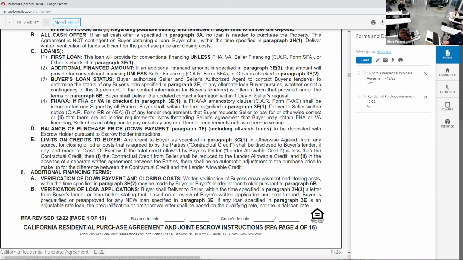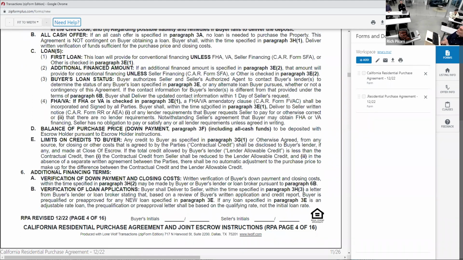Guess what? The lender isn't going to approve $100,000 on a $450,000. They're not going to allow that to happen. Usually it's between 3% and 6%. So you should have a conversation with your lender as to what the limit is on this particular loan, because different loans have different limits.